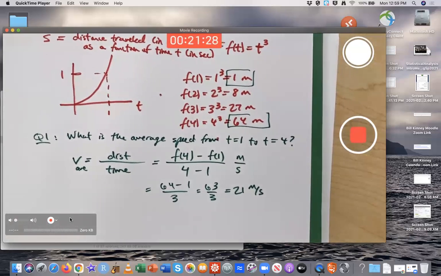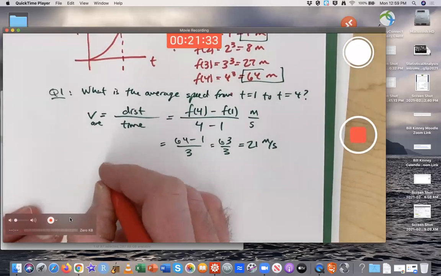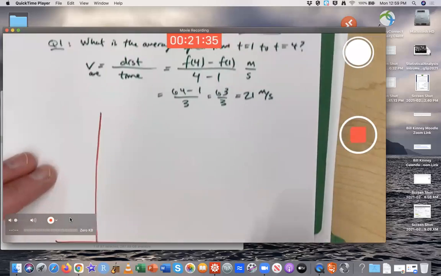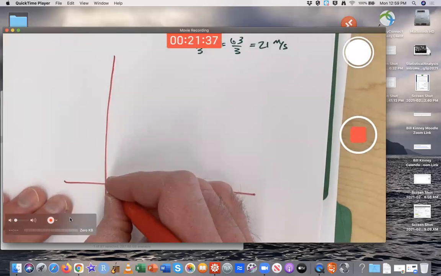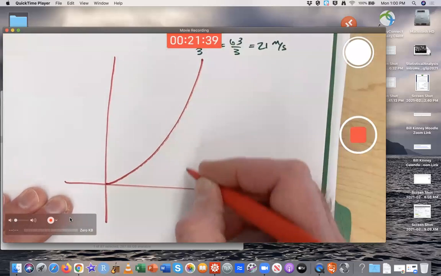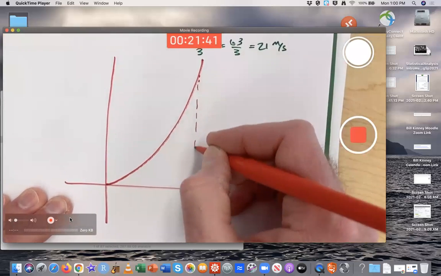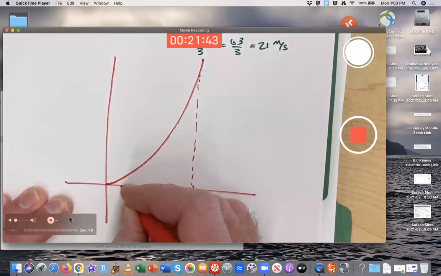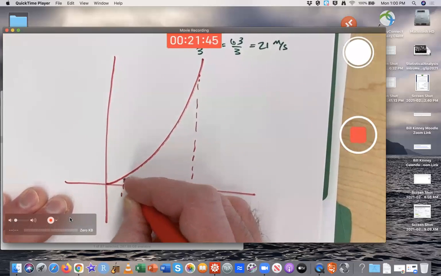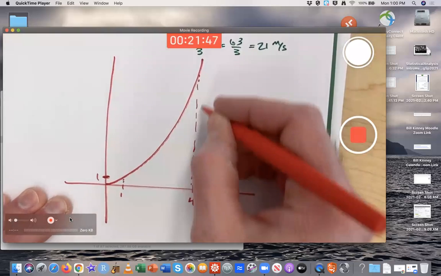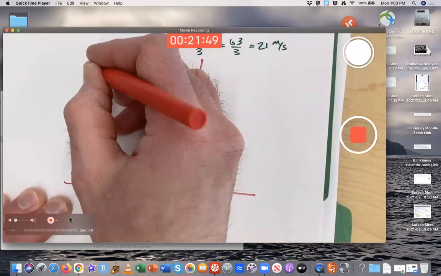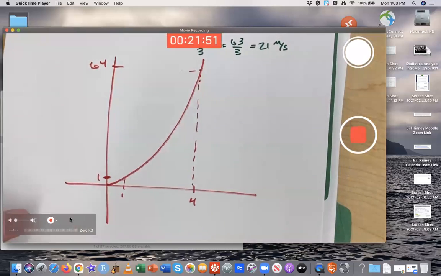It's important to be able to interpret this geometrically. Let me draw a bigger picture here. Let's say time 4 is right here. Time 1 is right here. Up here is 64. This is not a perfect graph, just trying to get the idea here.